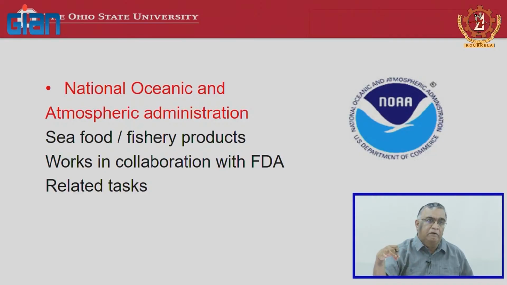For example, with novel processing technologies, oftentimes the FDA takes the lead in reviewing the technological advances and asking the questions, and then they issue a letter of no objection. When FDA is satisfied, USDA may follow through with its own version of the regulations for meat-type products for that technology.